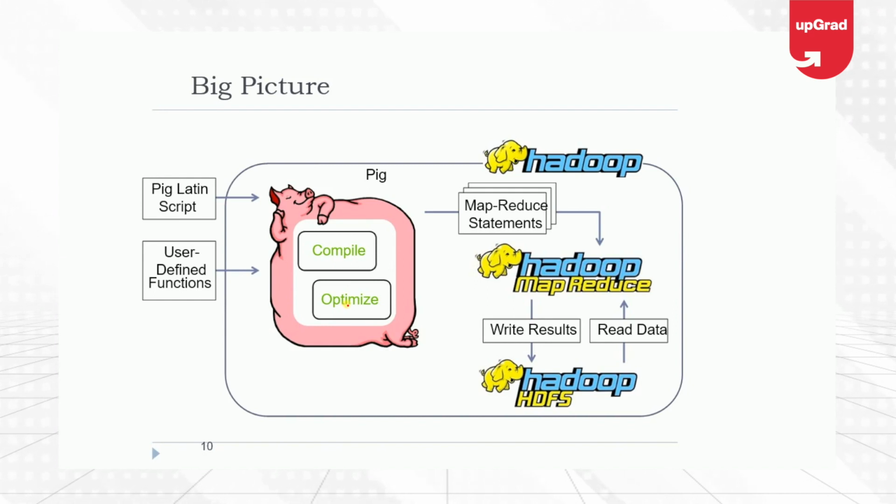Once the Pig scripts are compiled and optimized, they are submitted to the MapReduce engine along with the execution plan. These commands or scripts execute as a MapReduce job, and they work on top of Hadoop. For reading and writing the data, the HDFS layer is used, and then it produces the expected output.